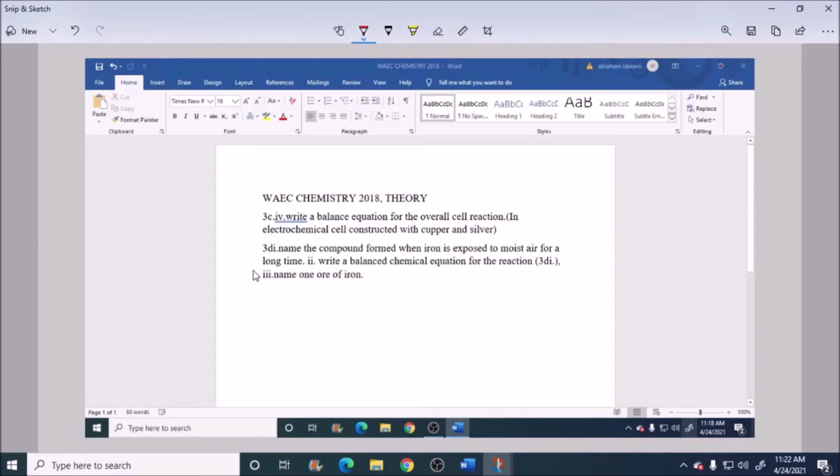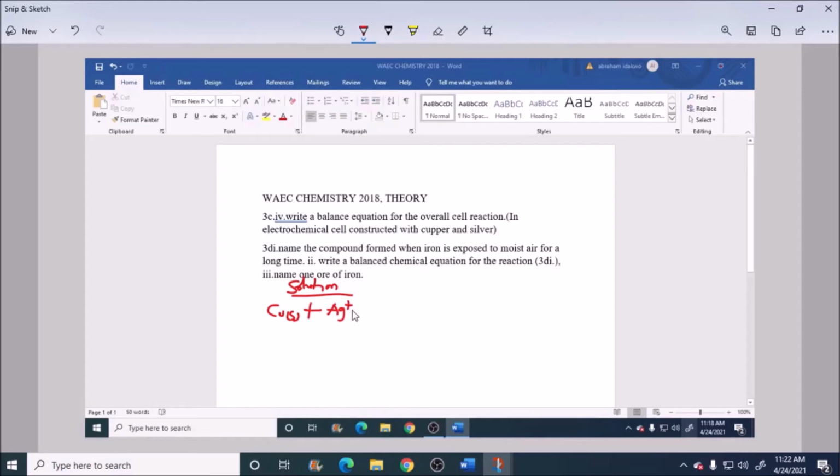Question number 3C. We have to write a balanced chemical equation for the overall cell reaction where we construct an electrochemical cell with copper and silver. The balanced chemical equation is as follows. We have copper in solid form, then reacted with silver. The chemical symbol of silver is Ag.